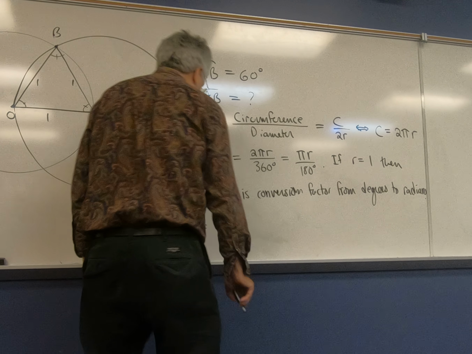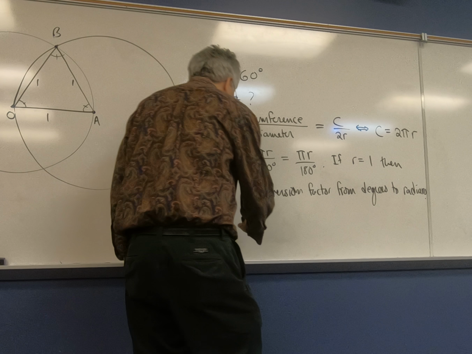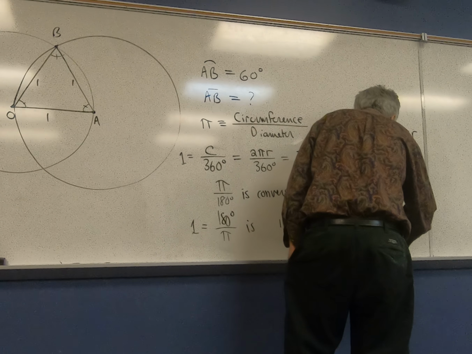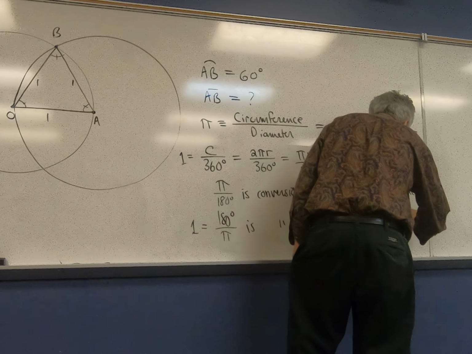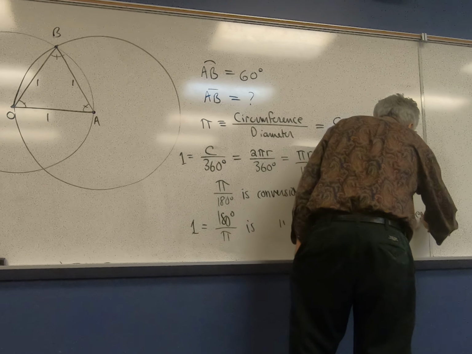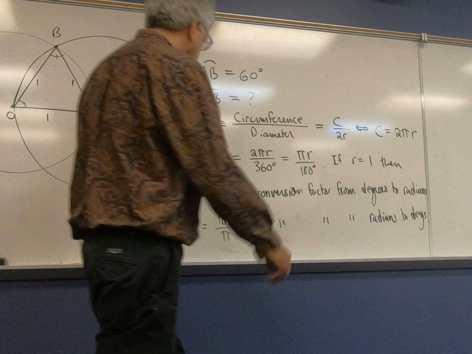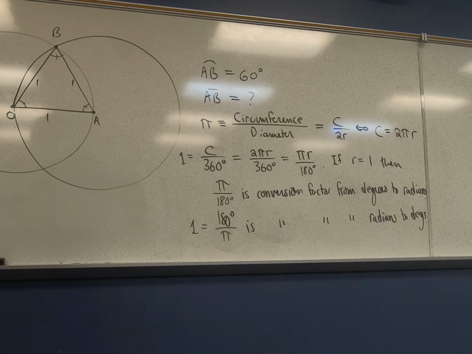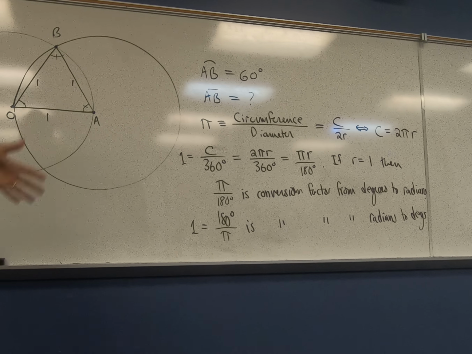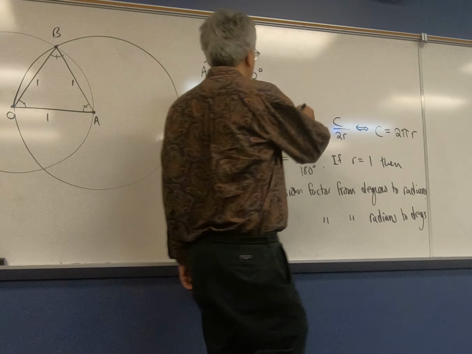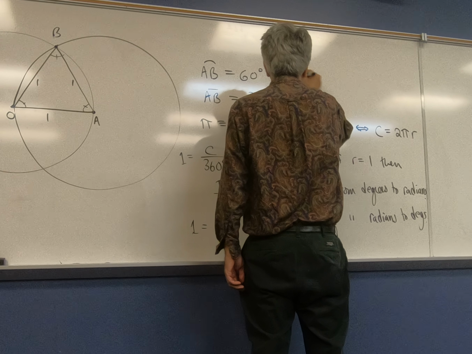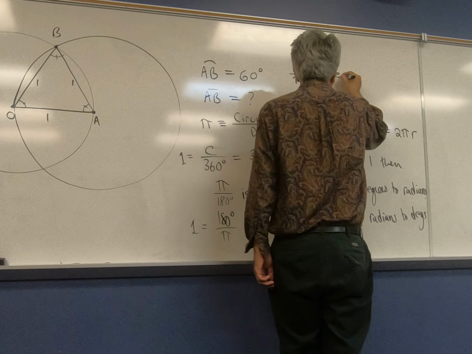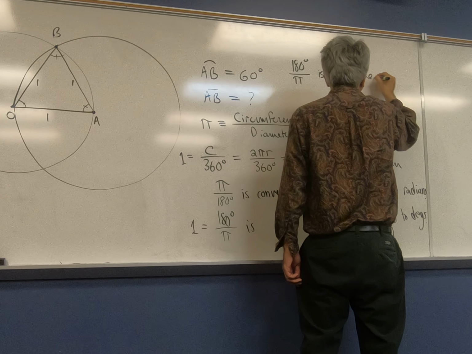The reciprocal, and that's the conversion factor from radians to degrees, with the abbreviation of degrees there. So if we want to say what is the degree measure of 1, we would say 180 degrees divided by pi is the degree measure of 1 radian, right?